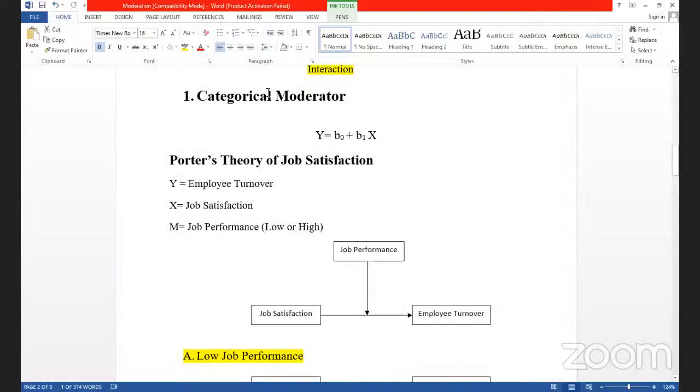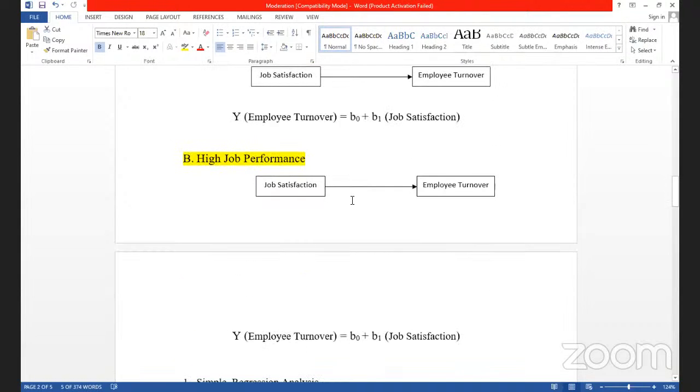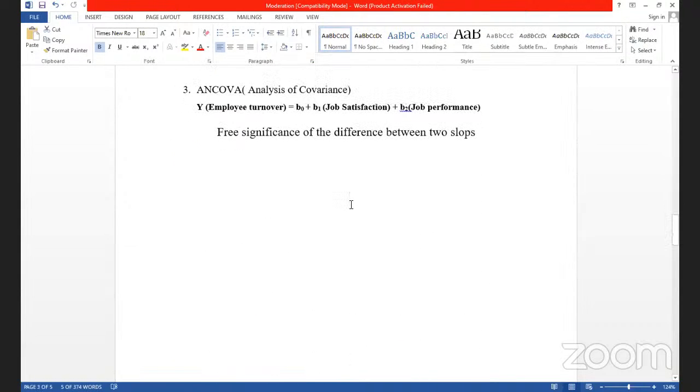I am using the moderation, the categorical moderator. Yes, categorical moderation. So Porter's theory of job satisfaction, I will cover it in the next section.